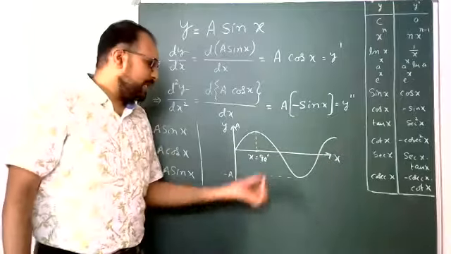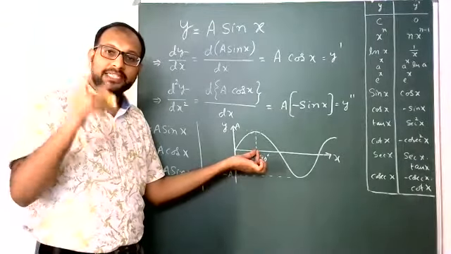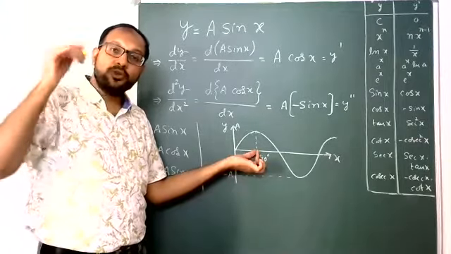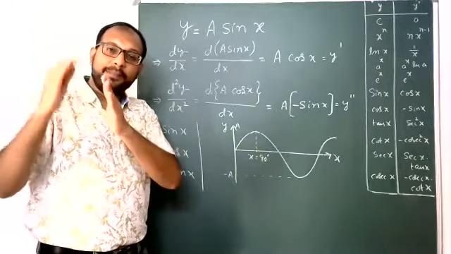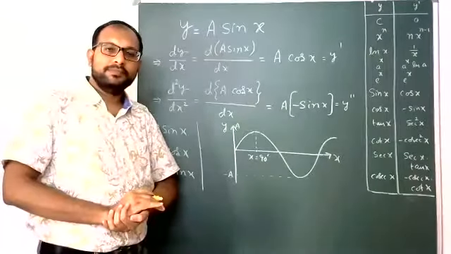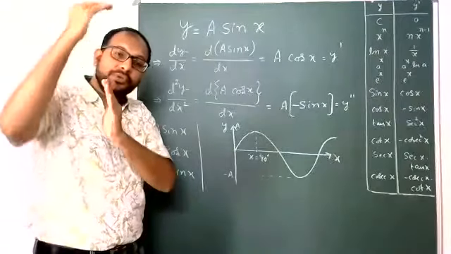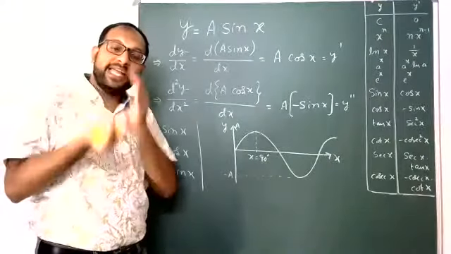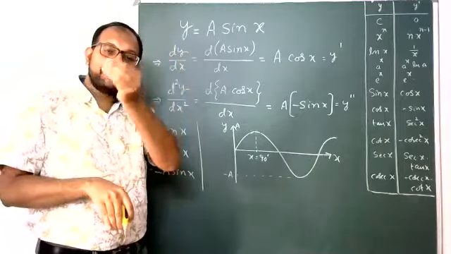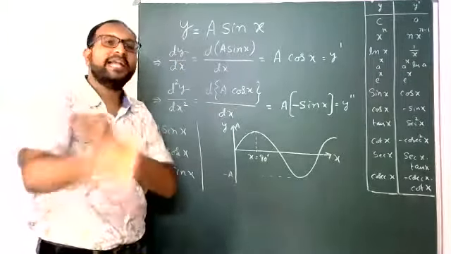So at x equal to 90, slope is 0, but the slope is changing from positive to negative. That means the change in slope is negative: final slope minus initial slope, so the slope of slope becomes negative.